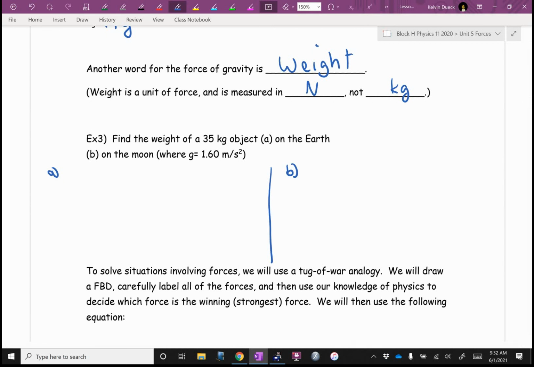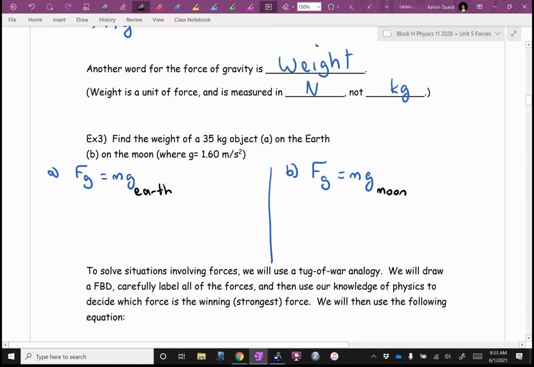The weight is the force of gravity. It wants me to find mg, except I'm going to use g Earth in part A, and I'm going to use g Moon in part B.